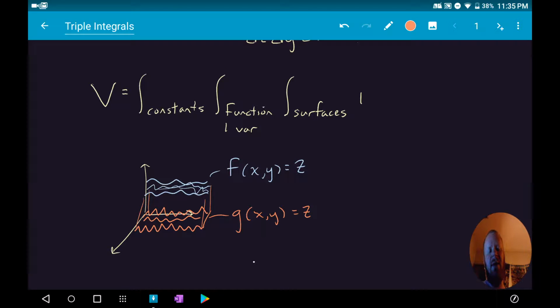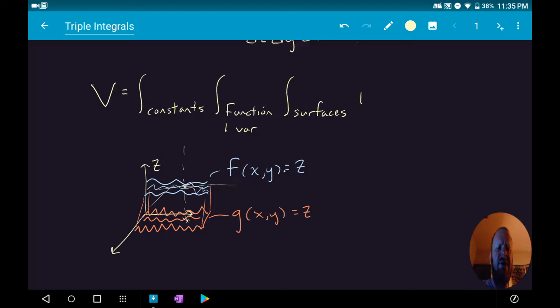The reason I know that is because along the z-axis, they pass this vertical line test. As I pass through them, I'm only hitting the surface once, but if I try to go either this direction or along the x-axis, I'm going to run into some double hits. I'll touch the surface twice.